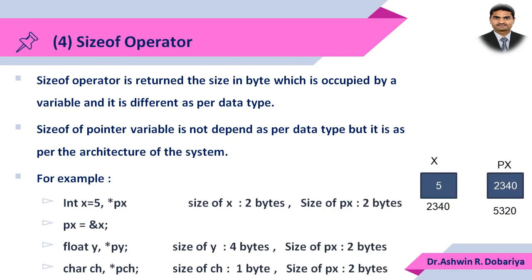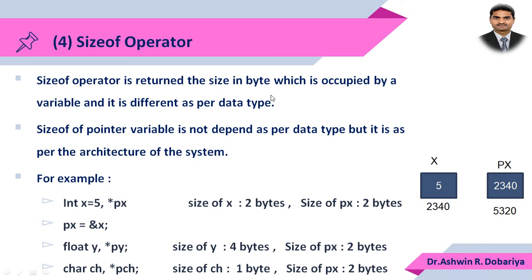Then the last operator, the sizeof operator. The name itself says it. There is one different thing in the sizeof operator. Generally an operator is a special symbol, but sizeof is not a special symbol. It's like a function. The sizeof operator returns the size in bytes.